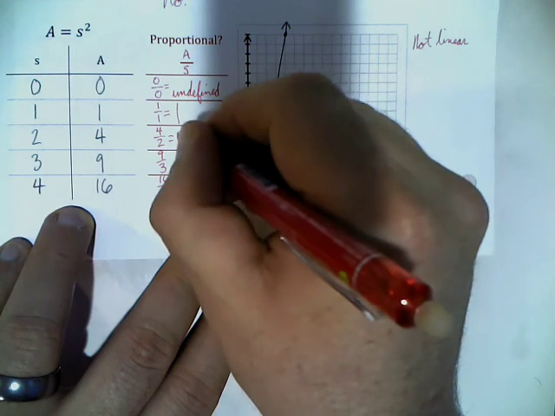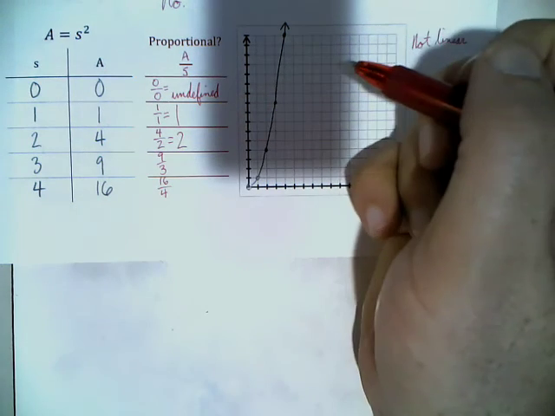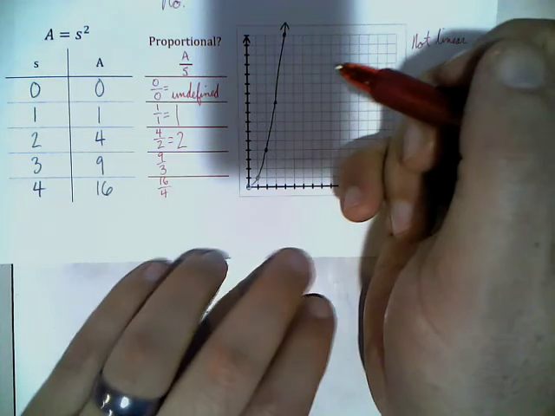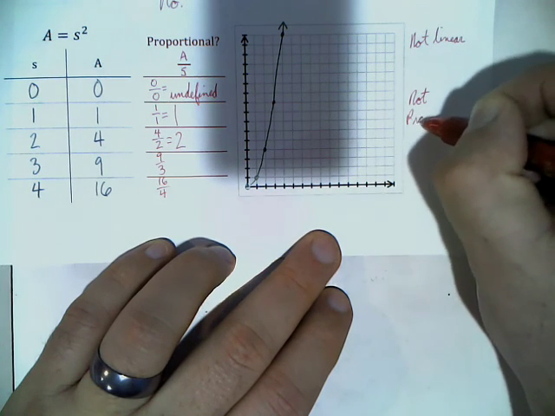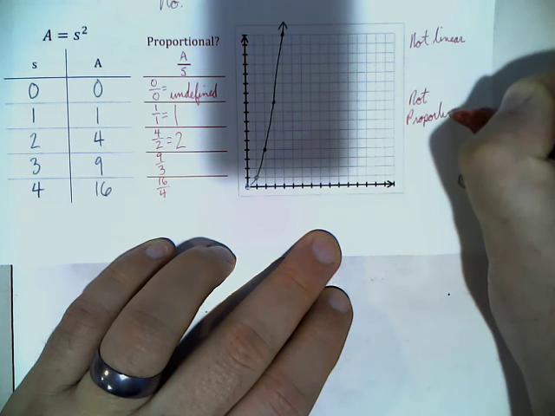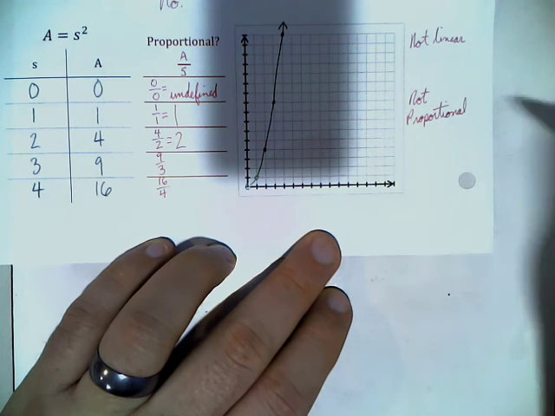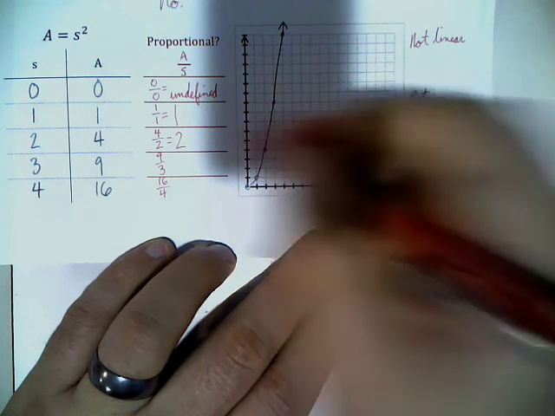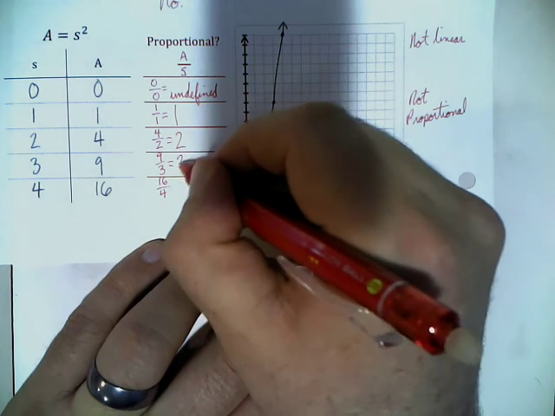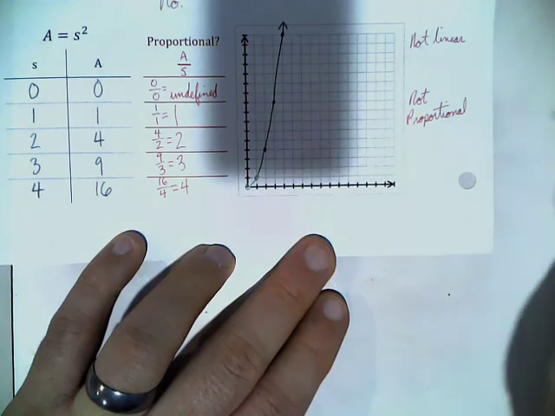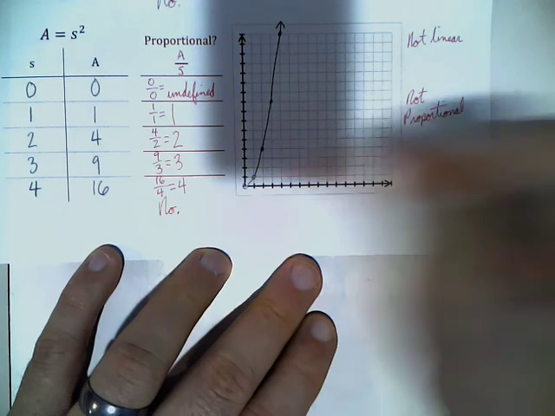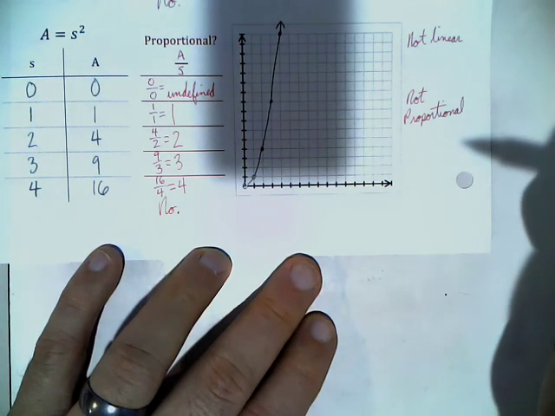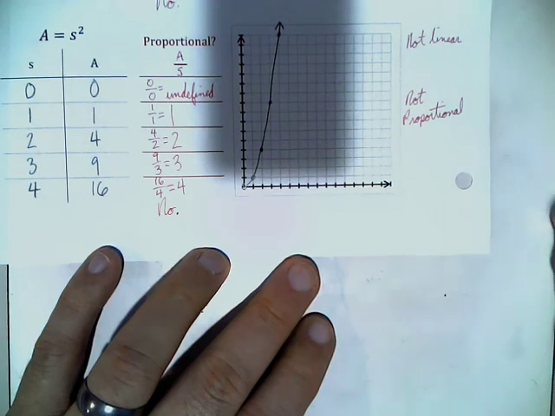Here, 4 over 2 is 2. And technically on the homework, you could just stop there and say, we already know right now that it is not proportional. But just to complete the chart, 9 over 3 is 3 and 16 over 4 is 4. So are these proportional? No. This is not a proportional function.